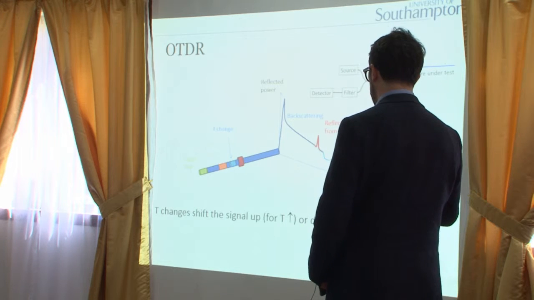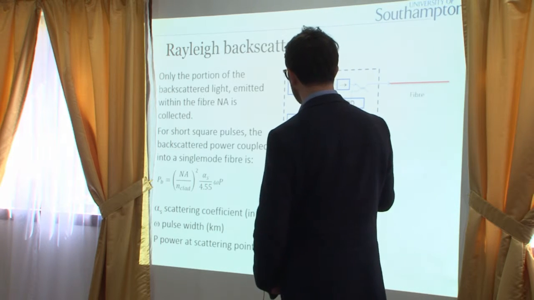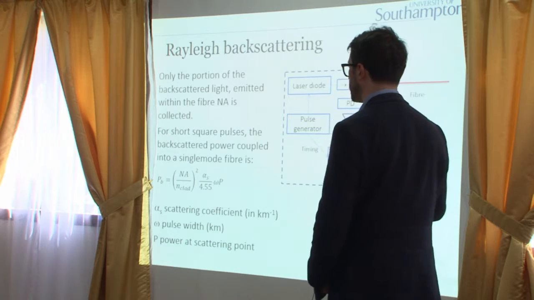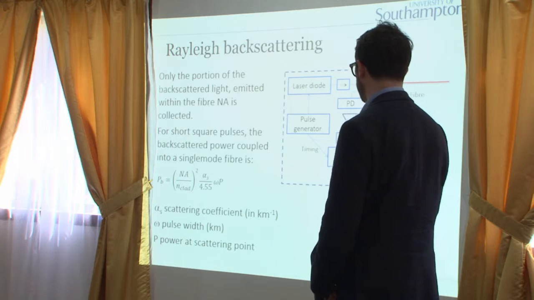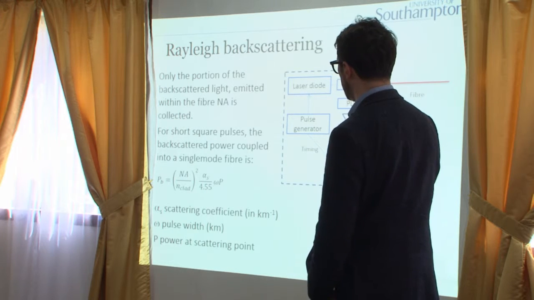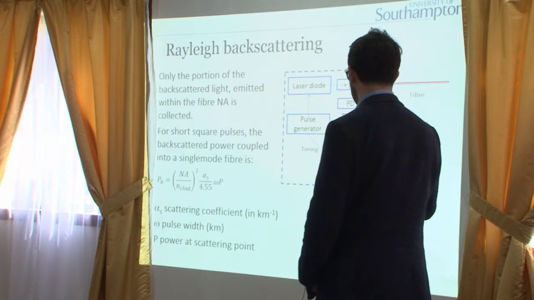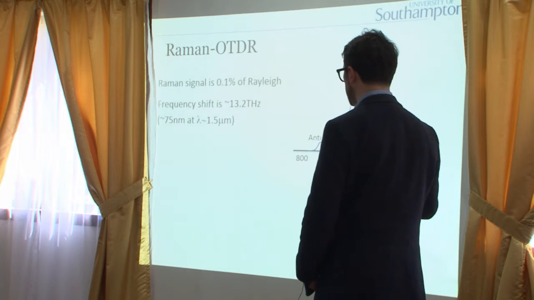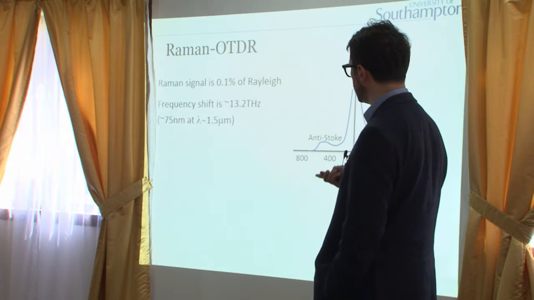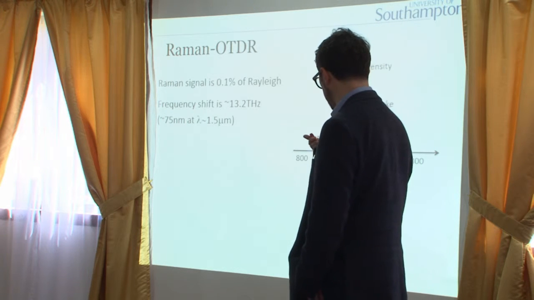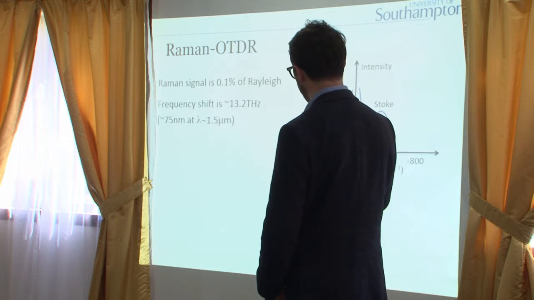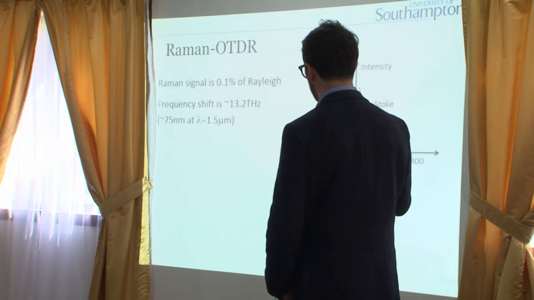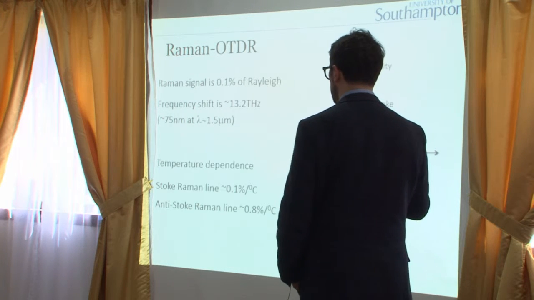Now, if we use Rayleigh, we can monitor temperature changes. This is the schematic of one of our Rayleigh systems. But if we use different methods, we can also monitor other features. Raman is one of the most commonly used for the measurement of temperature.